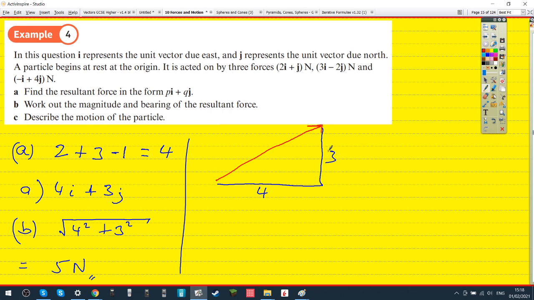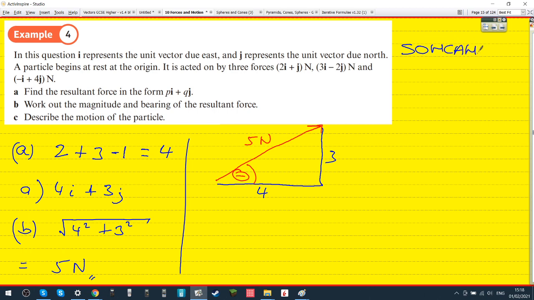Let's see. So the angle that this thing is going at, 5 newtons. You got an angle there. And so here I can just use SOHCAHTOA, can't I? Yep. And so if I do sine theta equals 3 over 4. Oh no, 3 over 5, sorry.